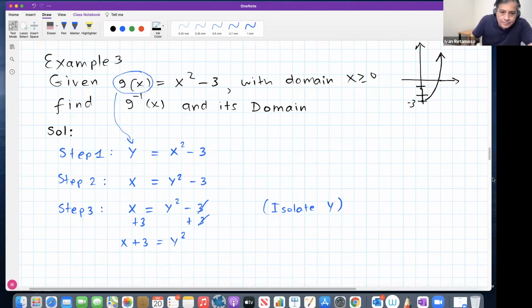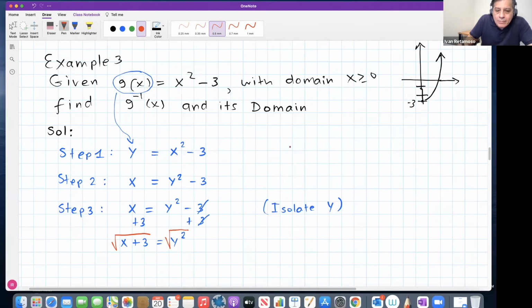Well, take a square root on both sides. Yeah, but when you do this square root here and here, it comes with a price. You should write formally plus and minus. We talk about that. But notice the graph is dealing just with the positive part of this parabola.